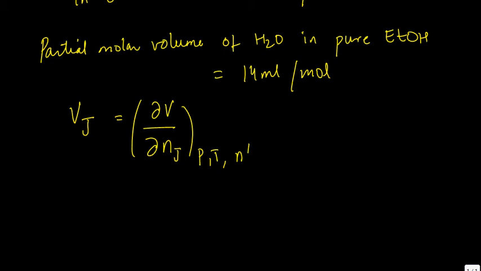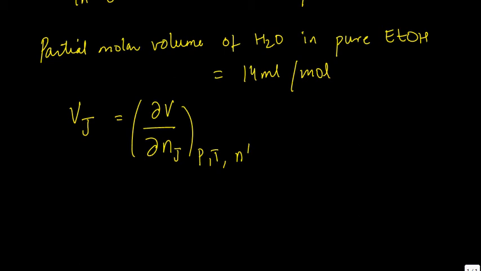And we need not add 1 mole, we could just add a delta mole, whatever that small quantity is. n prime is all the other components other than J. For example, in an ethanol water mixture, if J is ethanol, then n prime is for water. If I have a system composed of 3 components, then n prime would be water and propanol or whatever you want to add.